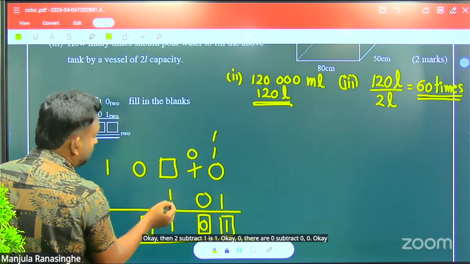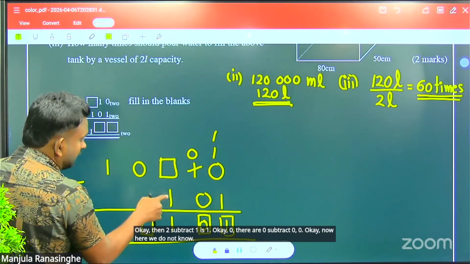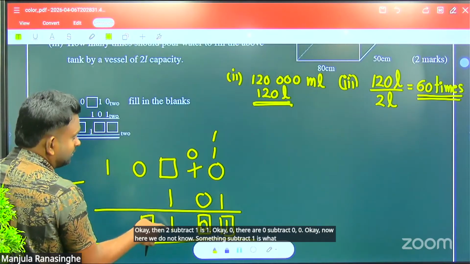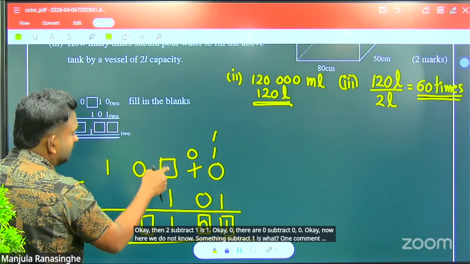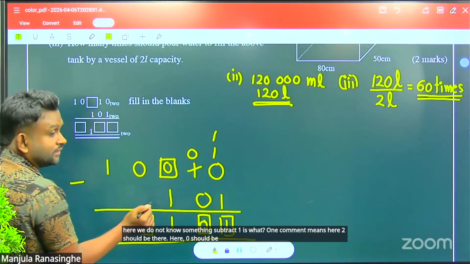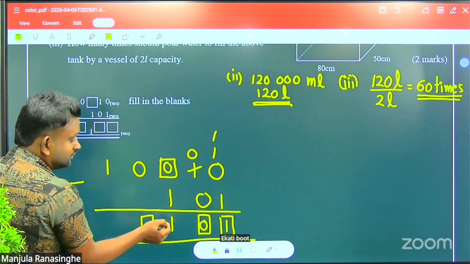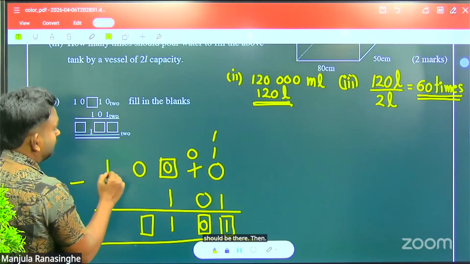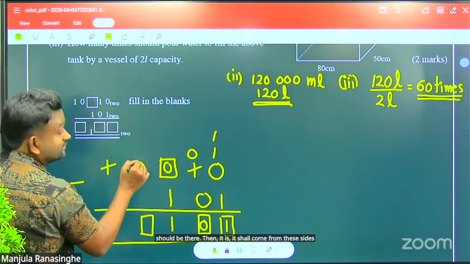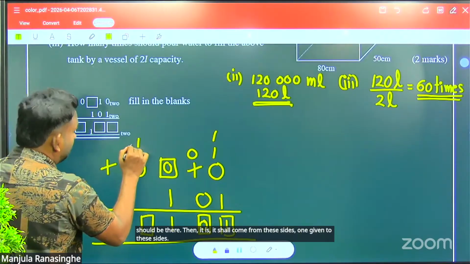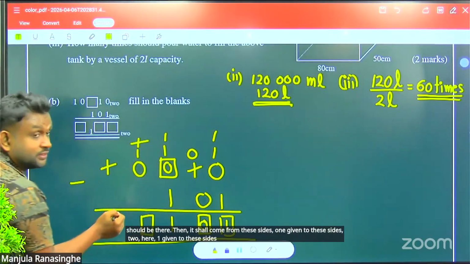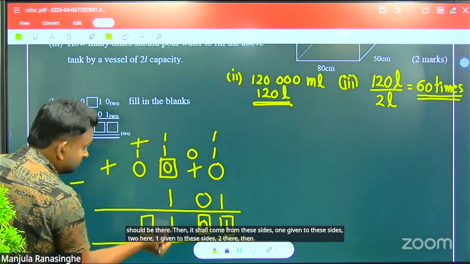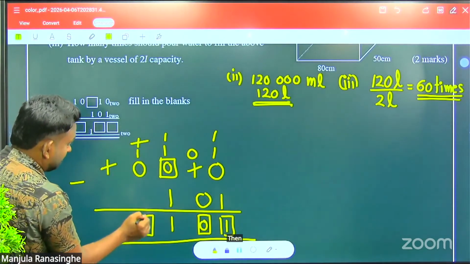Now here we do not know: something subtract 1 is what? 1 coming means here 2 should be there, here 0 should be there. 1 subtract 1 is 0, but here 0 should be there, so it shall come from this side. 1 given to this side, 2 there. Then 2 subtract 1 is 1. Then here 1 there, just 1.